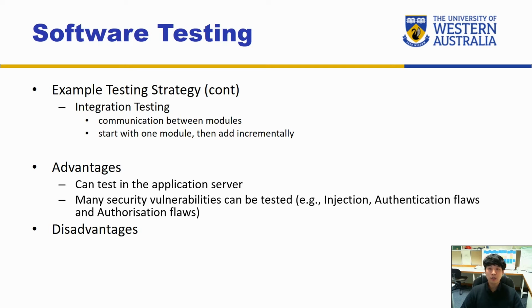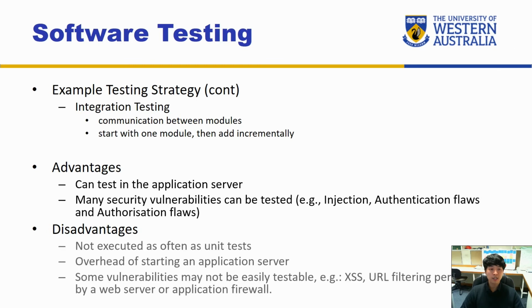But there are some disadvantages. We cannot do this as frequently as unit tests because different parts of the functionalities may be changed over time. You need to wait until those changes are completed in order to connect to it and then test, and there may be some overhead associated with starting the application server.